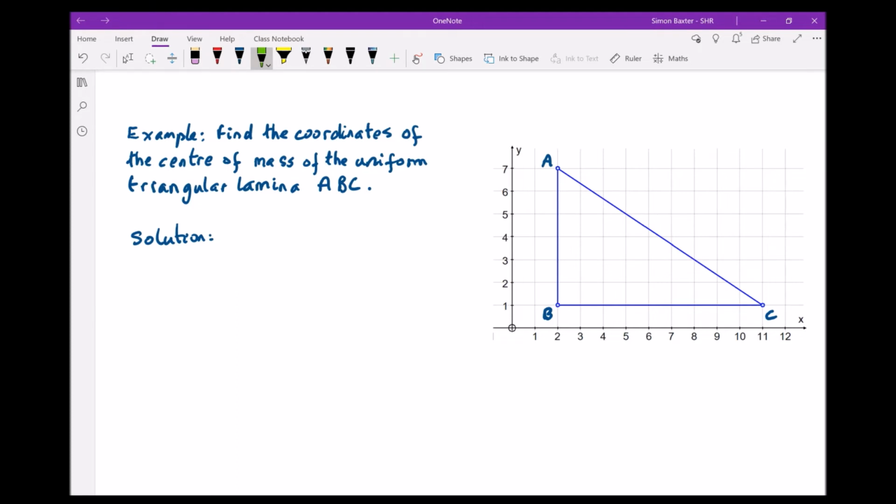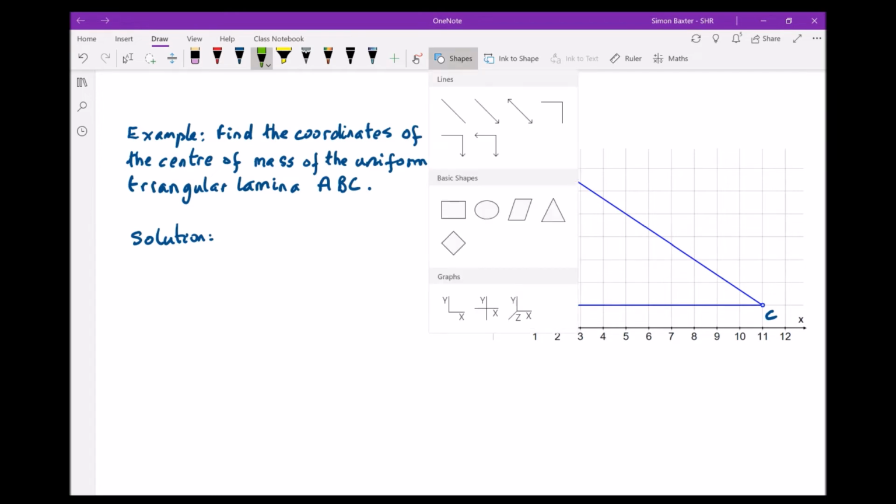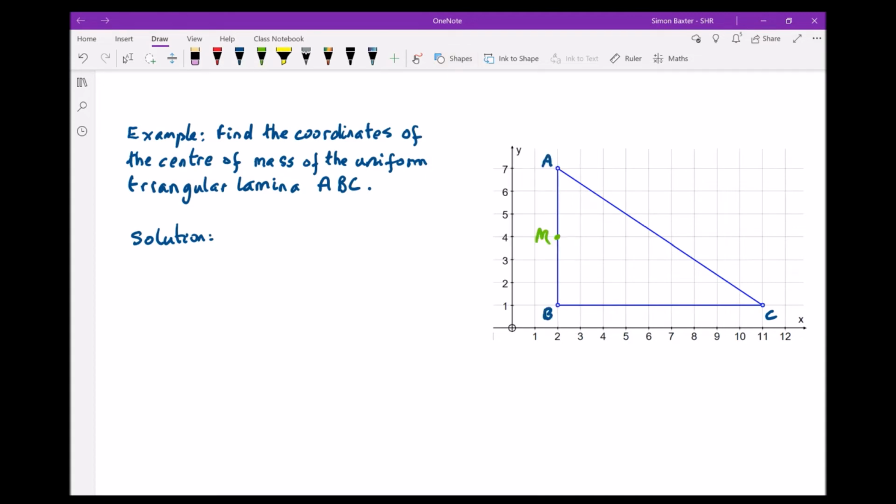So let's take the median from C to the midpoint of AB. So we want the line which goes from M down to C. And G is going to be 1/3 of the way from M to C. And if you think of similar triangles or enlargement theory, if we go the other way, 2/3 of the way, it's the same as going 2/3, 1/3.